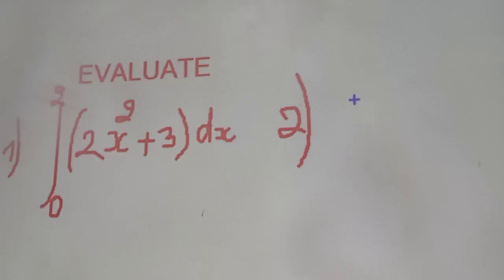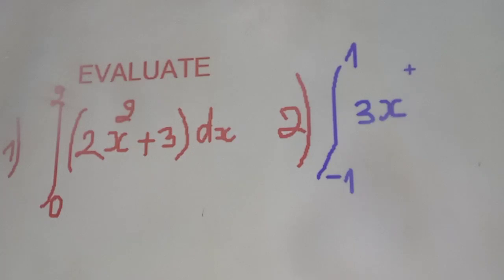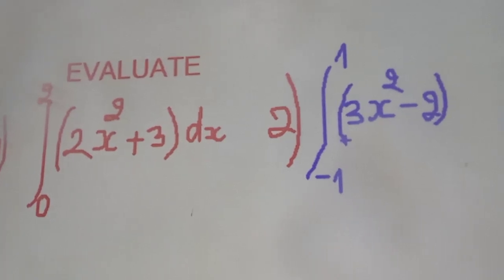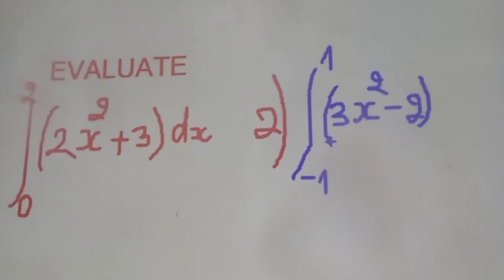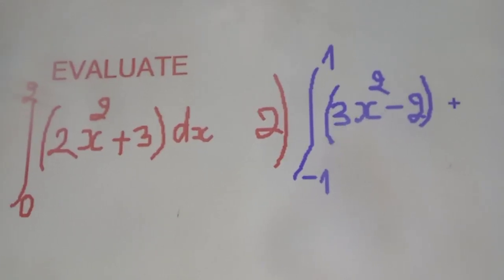Number 2: evaluate the integral from -1 up to 1 of 3x squared minus 2 dx.